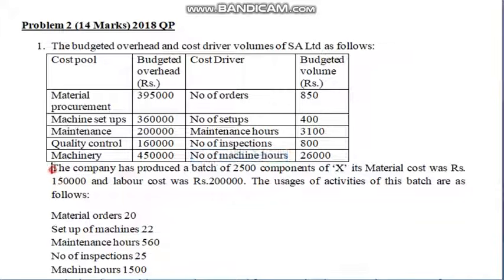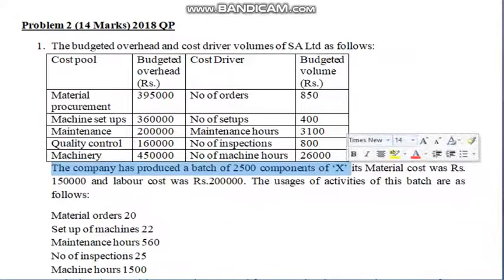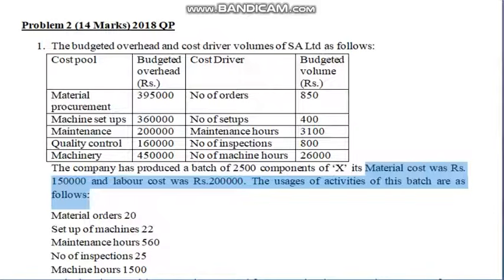Now the company has produced a batch of 2500 components of X, which means the company is manufacturing 2500 units of product X, and its material cost was rupees 1,50,000 and labor cost was rupees 2 lakh. And the usage of activities of this batch is as follows.